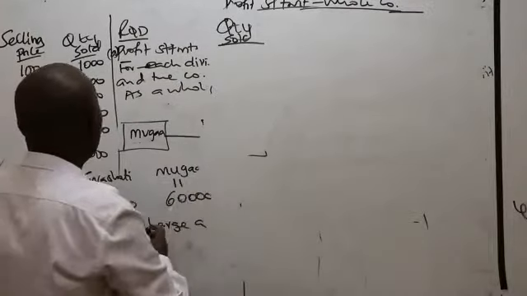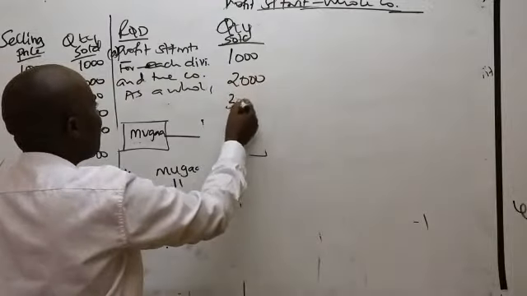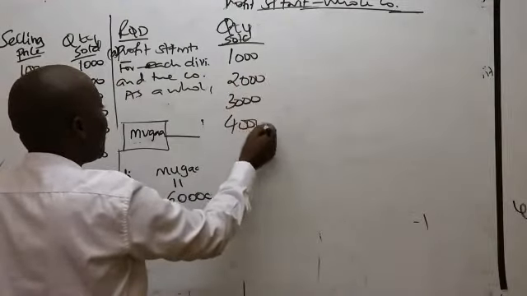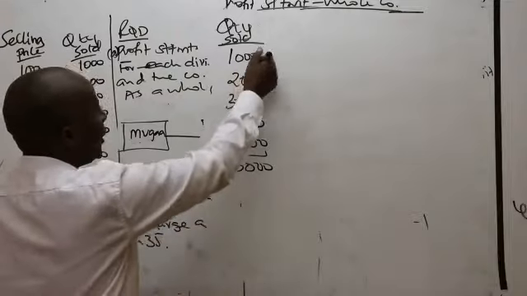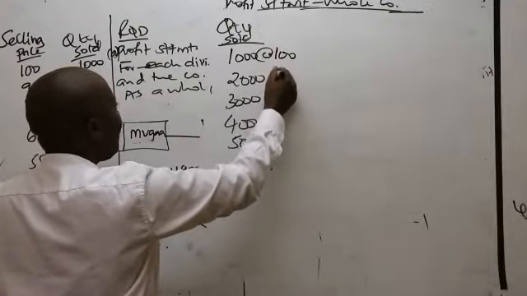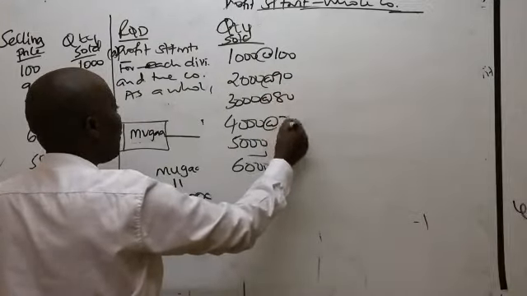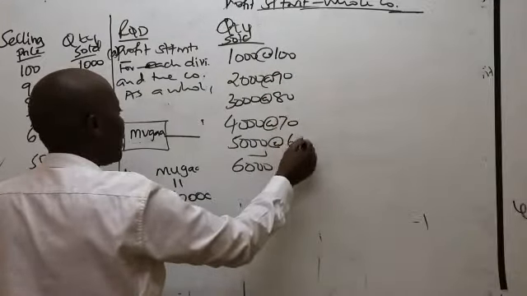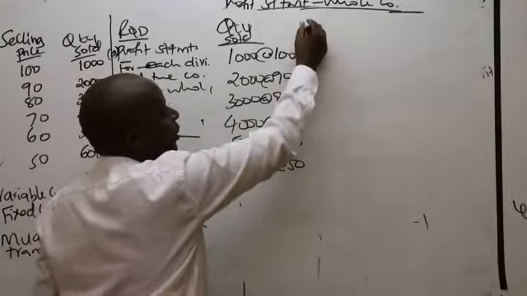So here we have quantity sold: 1,000, 2,000, 3,000, 4,000, 5,000, 6,000. Now come and give us the prices. We know the prices: 100, 90, 80, 70, 60, and lastly 50. So give us the revenues.